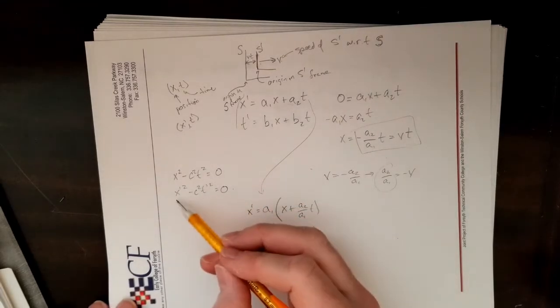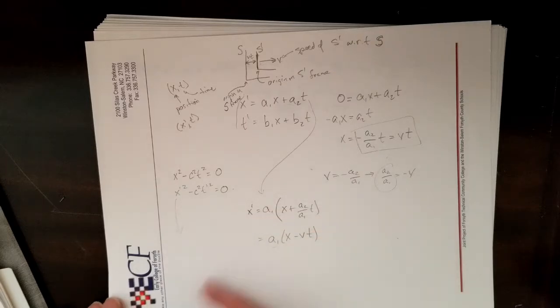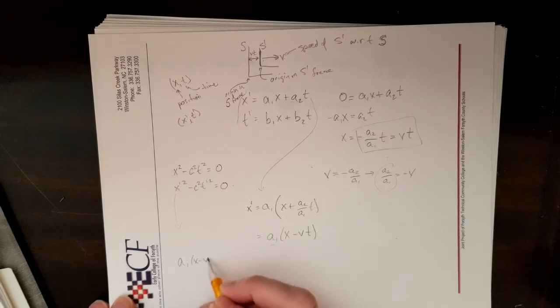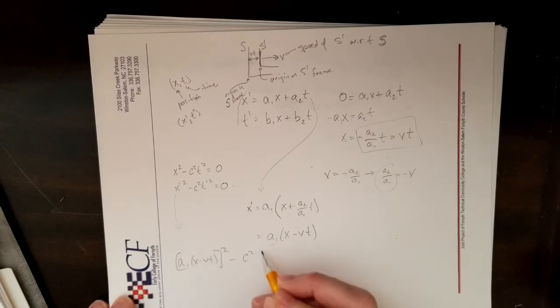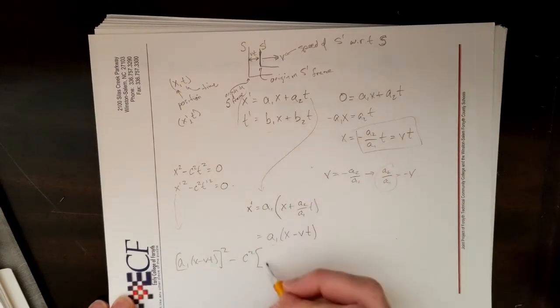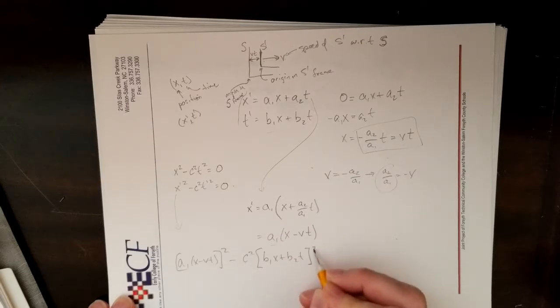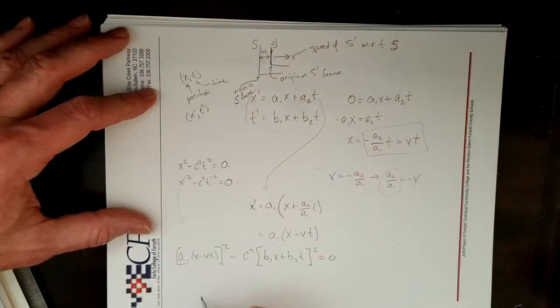If I now plug into this right here, I know that I have a1 times x minus vt, squared, minus c squared times t prime squared, and that's t prime right there. So b1x plus b2t, squared, is equal to 0. So we have this whole mess right here.